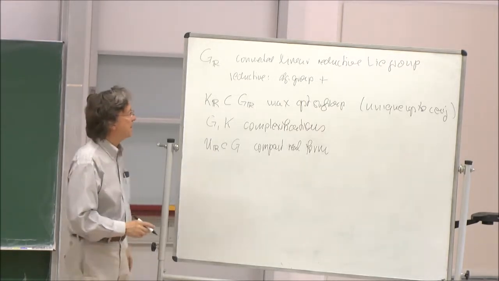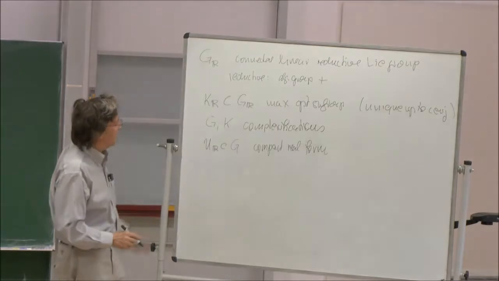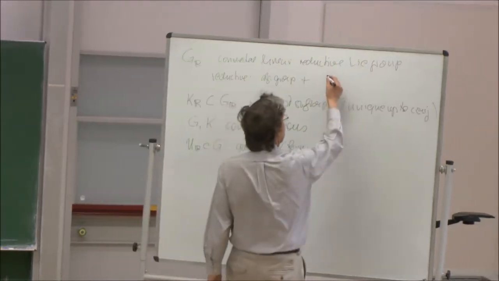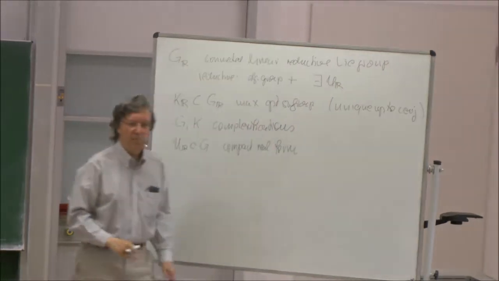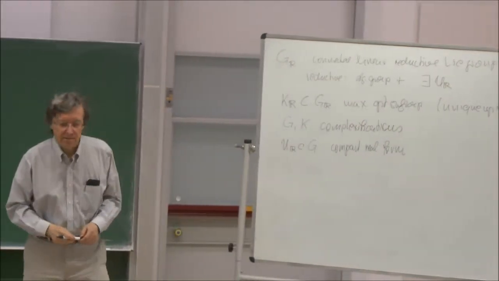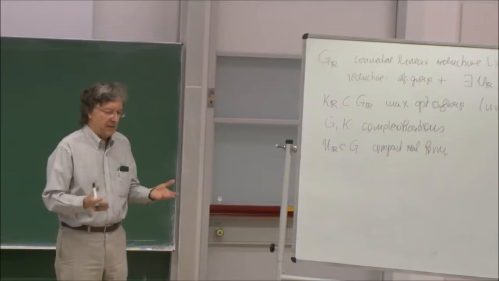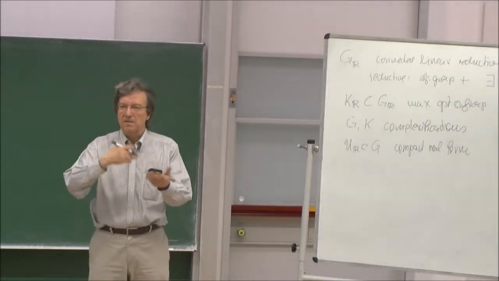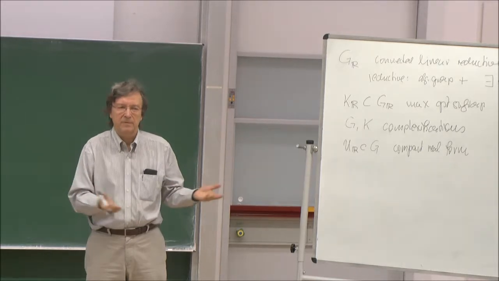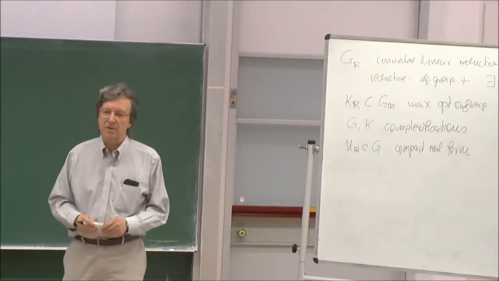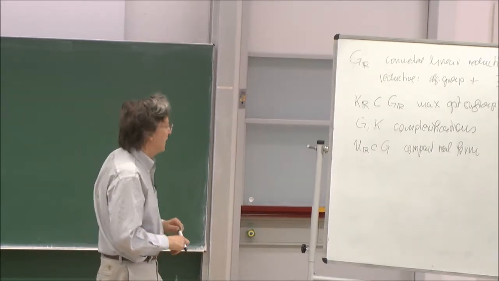And then the characterization of reductive is the existence of such a compact real form. So one way to say that is that being reductive does not change under extension of scalars, and compact groups are reductive. So that's then a working definition of being reductive.